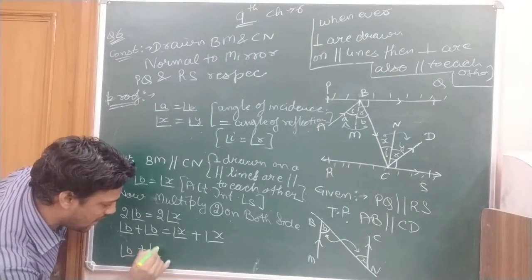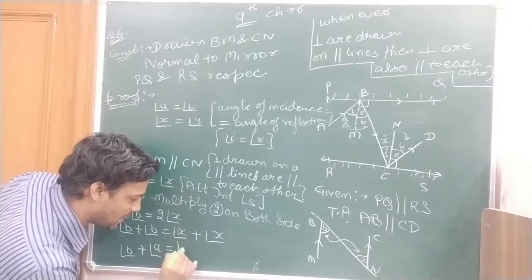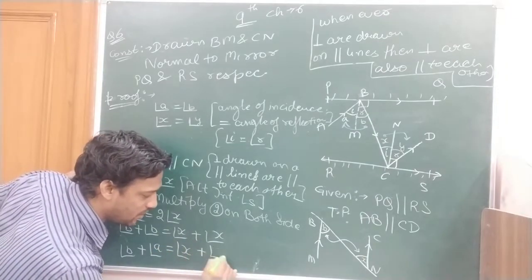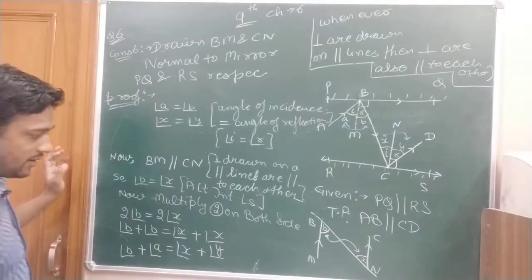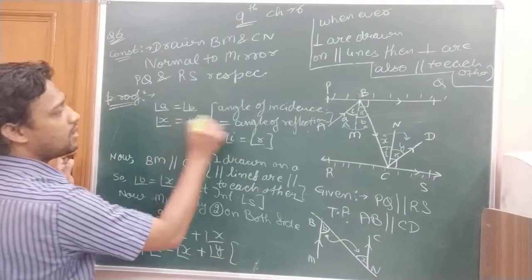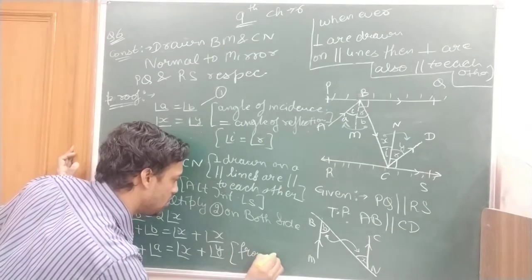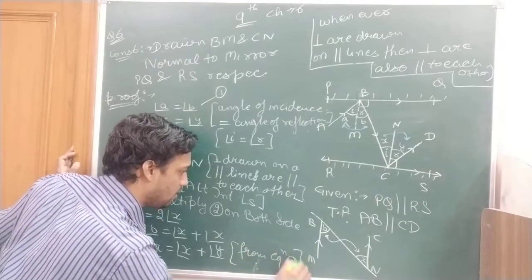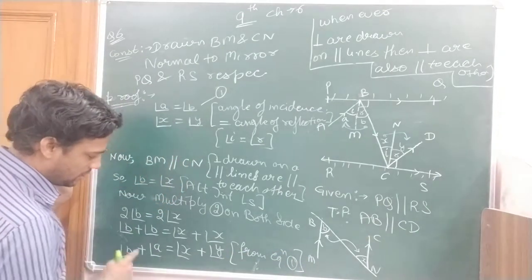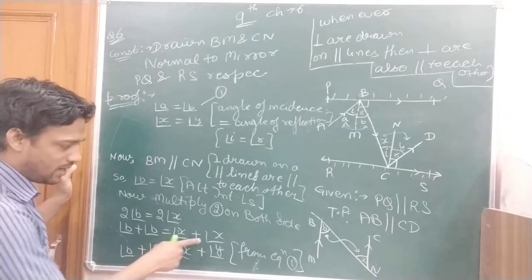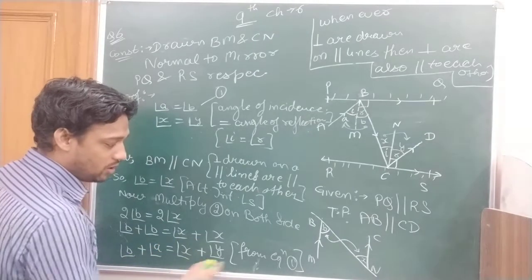So I keep the first angle B as it is, and the second angle B I can write as angle A. One angle X as it is, and the second angle X can be written as angle Y. The reason is equation number 1.